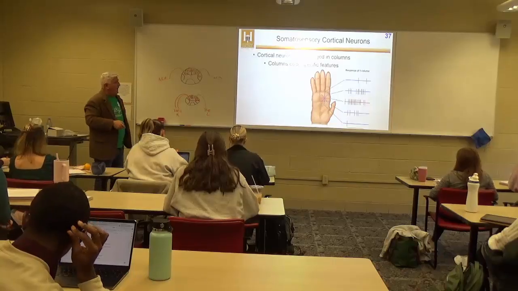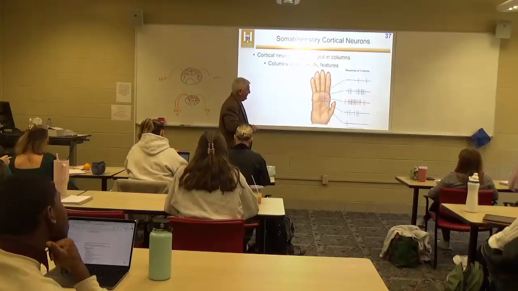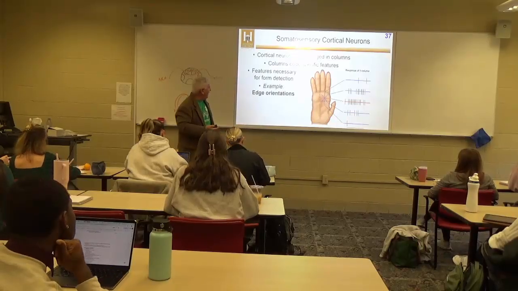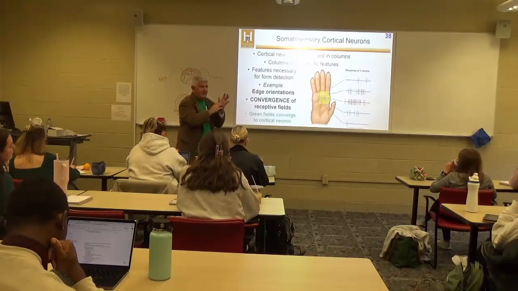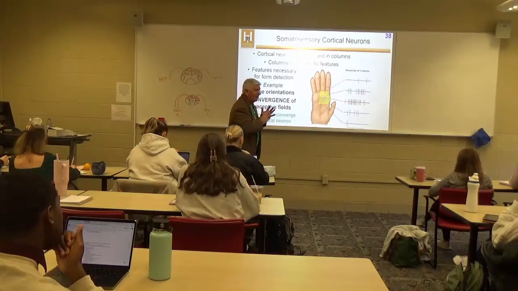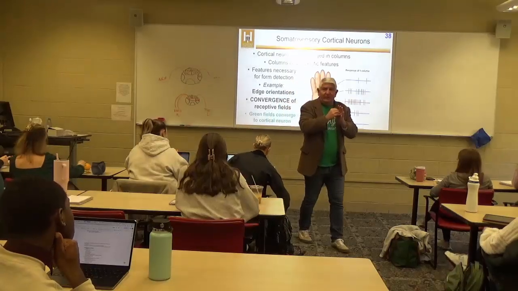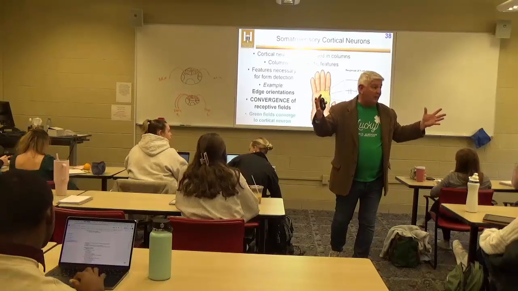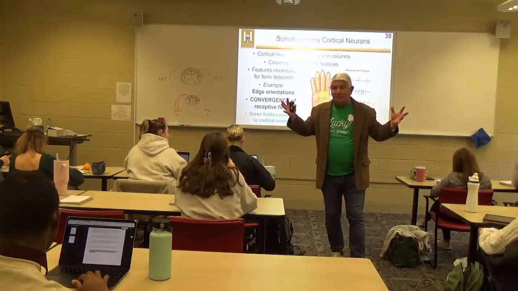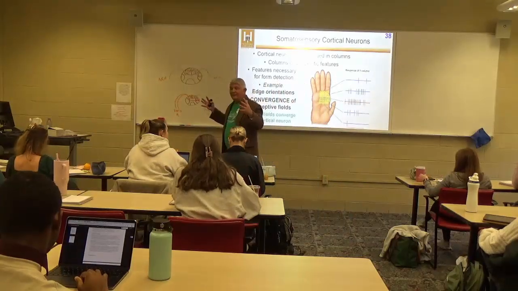All right. We have columns. So again, we have receptive fields here, just like we saw in the eye, right? There we go. A bunch of receptive fields, very dense and numerous on our hand, sending signals up to our brain, and then we devote a lot of brain area, that magnification factor, a lot of brain area is devoted to processing that.